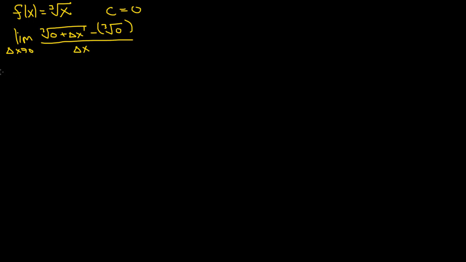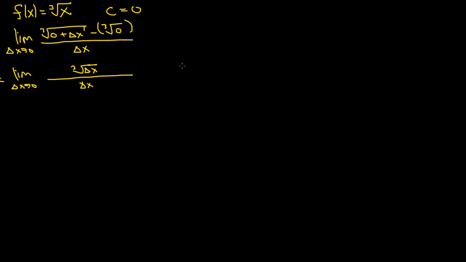So that's the cubed root of 0 plus delta x, minus f of 0, which is the cubed root of 0, all over delta x. Let's see what happens here. It equals the limit as delta x approaches 0, and we have a delta x on the bottom. The cube root of 0 is just 0, so there's nothing there. The cube root of 0 plus delta x is just the cubed root of delta x.